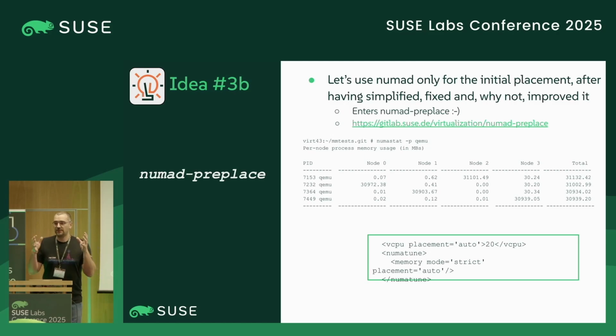We can decide where, or try to give our best guess about where to place it, for example, in terms of which NUMA node, and hope that this will buy us at least some of the performance benefit that we are getting by manual tuning.